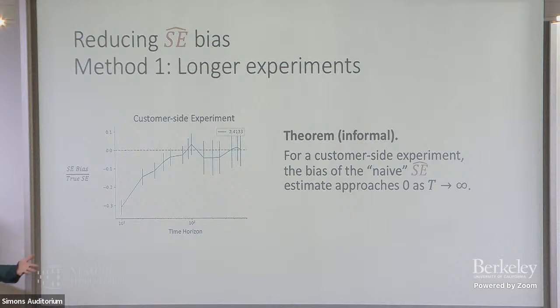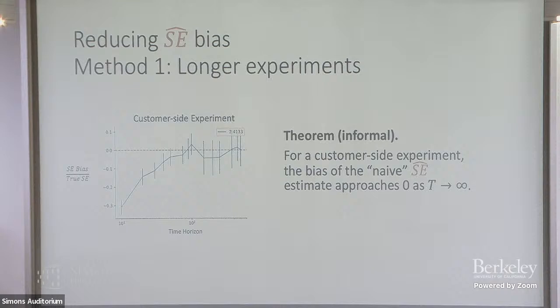And indeed, we show that for a customer side experiment, as we increase the time horizon, the size of the bias approaches 0 for the standard error. What's happening here is very similar to the intuition presented earlier. As a customer, you're probably affected by the customer who came just before you and maybe the ones just before them, but you're probably not affected by a customer who came a week ago or a month ago or a year ago.